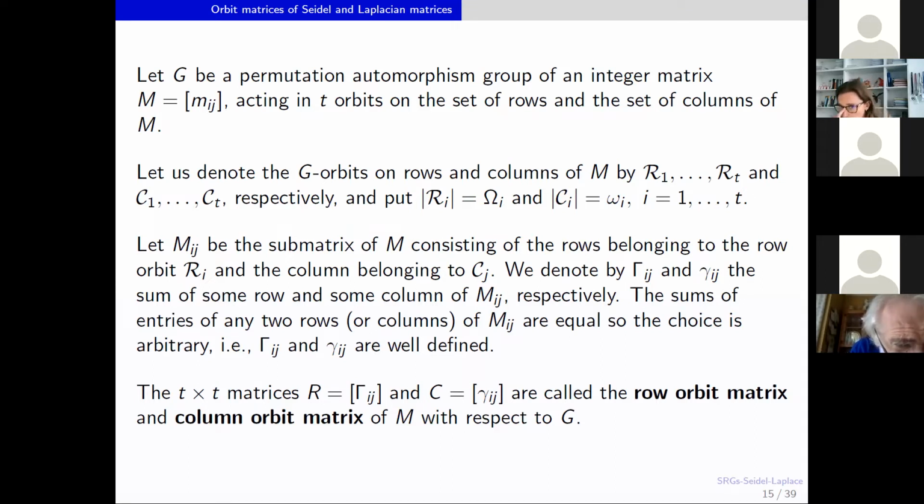We can denote the G orbits on rows and columns of this matrix by R1 up to RT and C1 up to CT respectively.